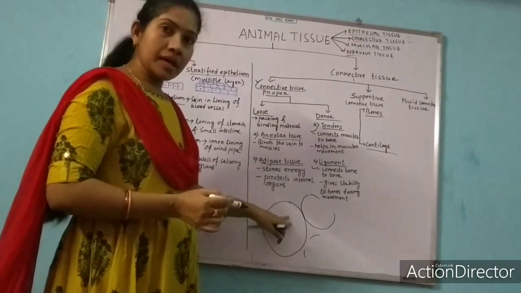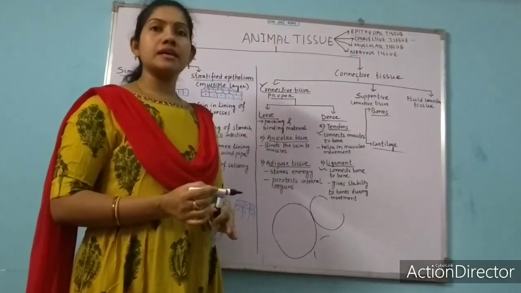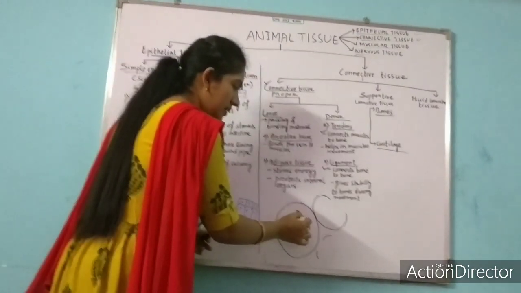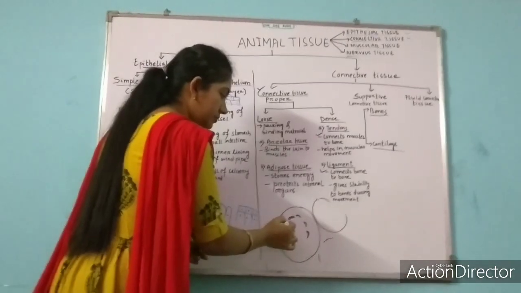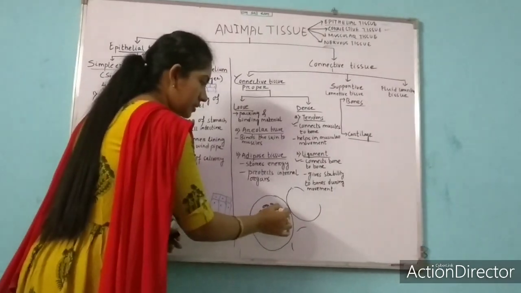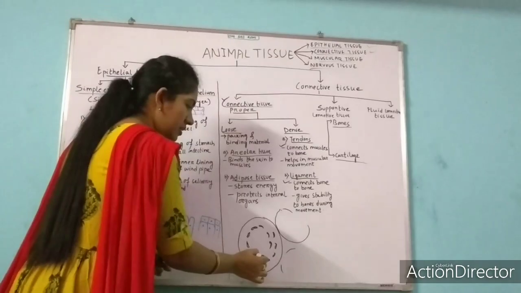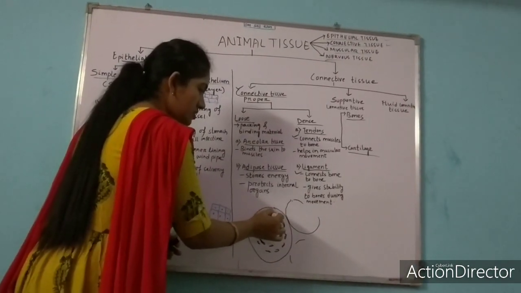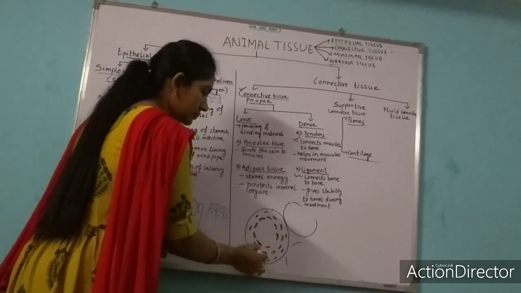The space where osteocytes are present, we call lacunae. Osteocytes arrange themselves in a concentric ring manner. Got it? These are osteocytes, and the space where osteocytes are present is called lacunae.